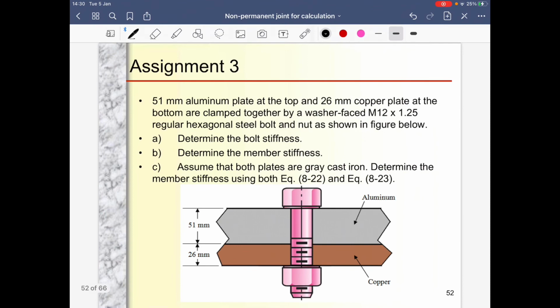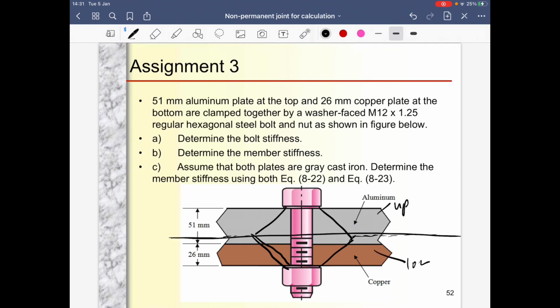So this is assignment 3. Almost the same, but only 2 plates. You still have to do exactly the same conical shape. If you look carefully, it will make aluminium become the upper frustum and lower frustum. So you do the same calculation, get the value, then your job is done.